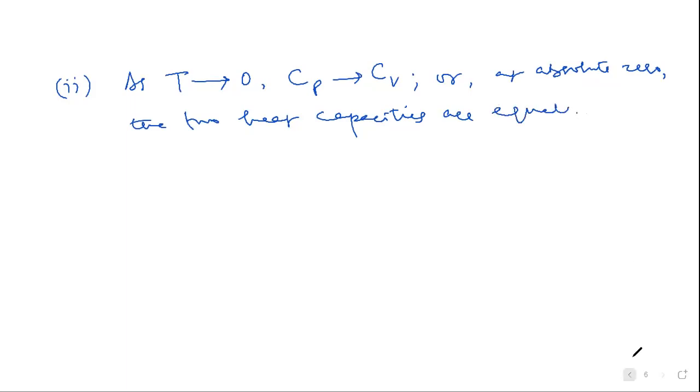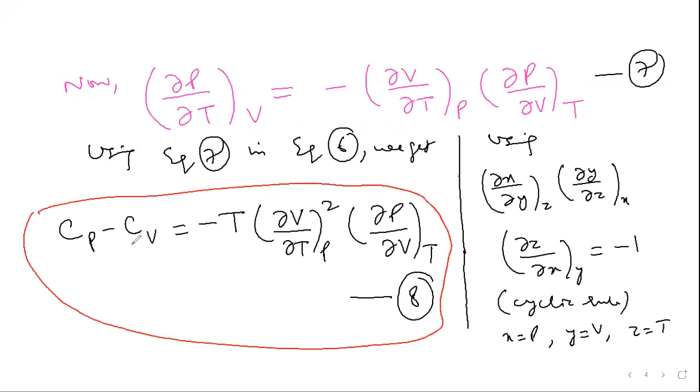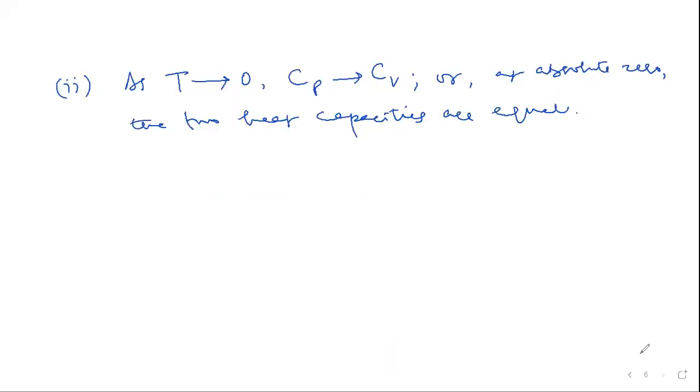You can see if T approaches zero, this difference approaches zero. That means Cp approaches Cv, or at absolute zero, the two heat capacities are equal.